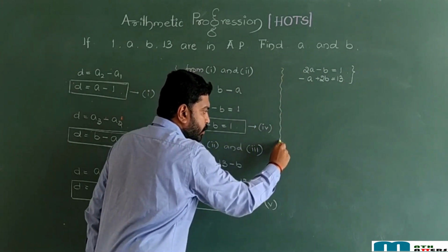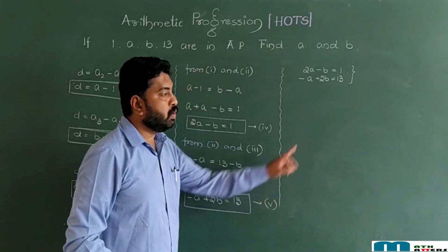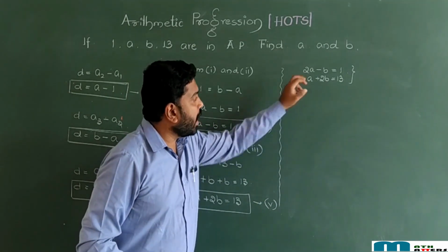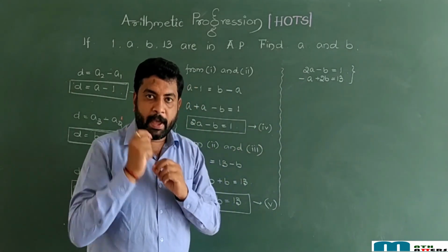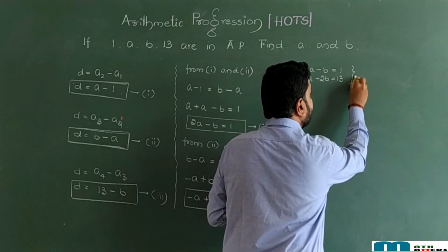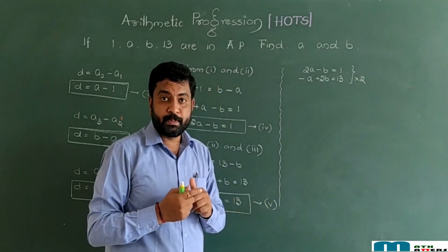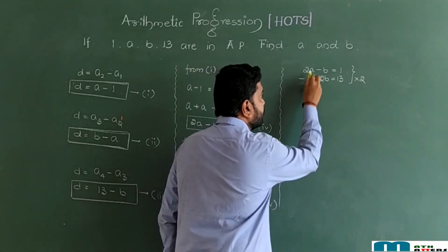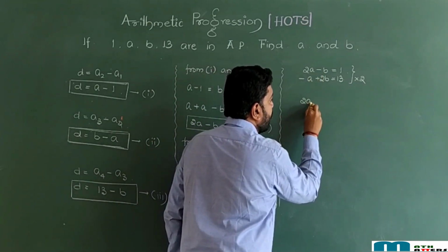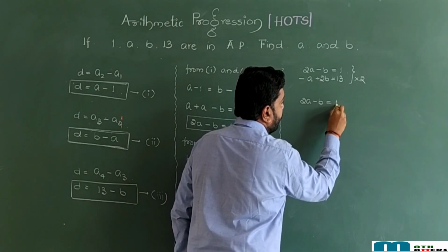Now, I use the elimination method to solve this. Here I want to equate the coefficients of a. To do that, I multiply the second equation by 2. So the first equation as it is: 2a minus b is equal to 1.